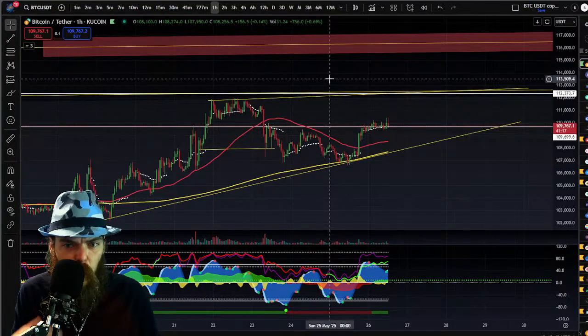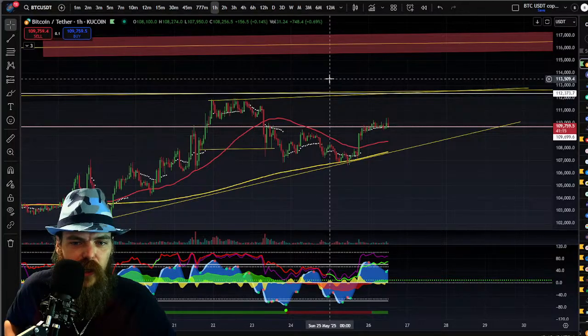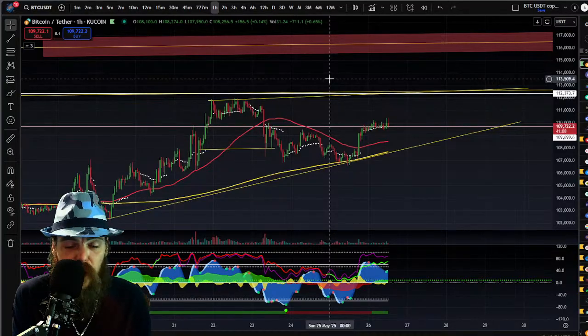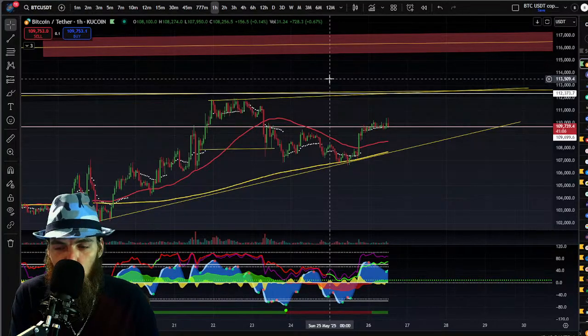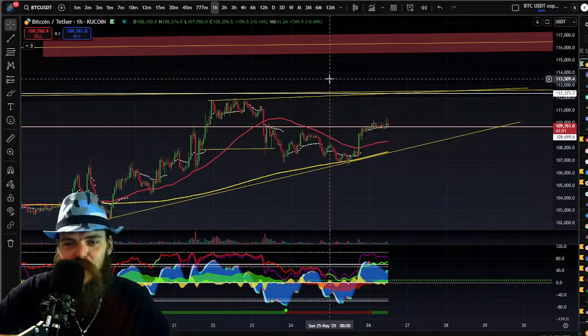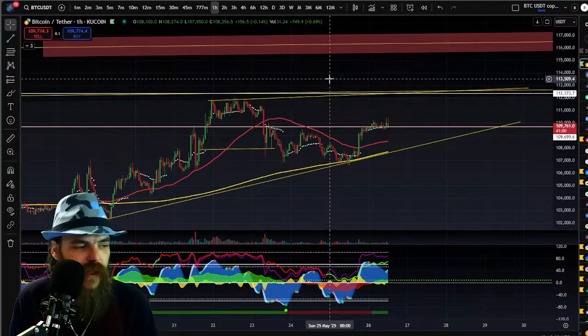So if I'm longing aggressively on one account, I'll short a bit on the other and just hedge myself. Then I also have swing trades going that are a bit more long term, and then I have bots trading. So I've really diversified how I trade.